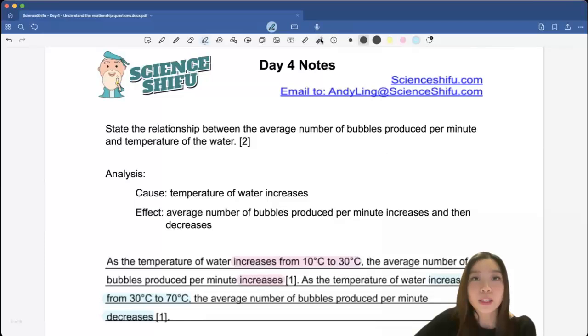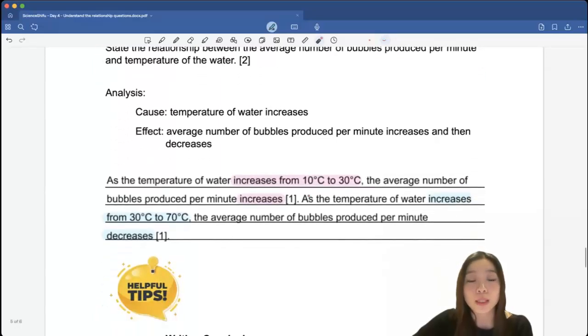A little tip here is that we can take a look at the marks allocated. If it is a 2-mark question, most likely there will be two relationships that need to be written down for us to get our full 2 marks.